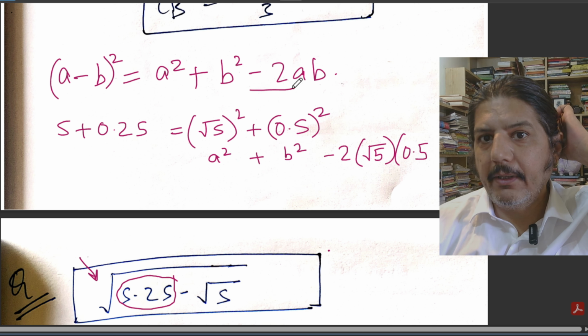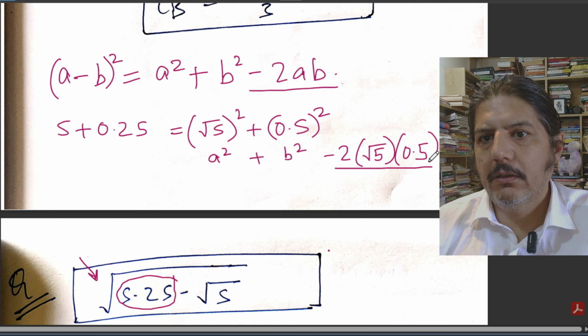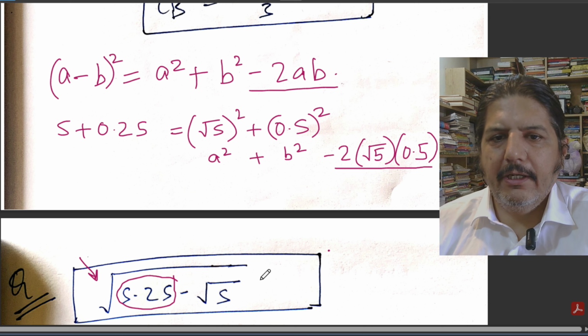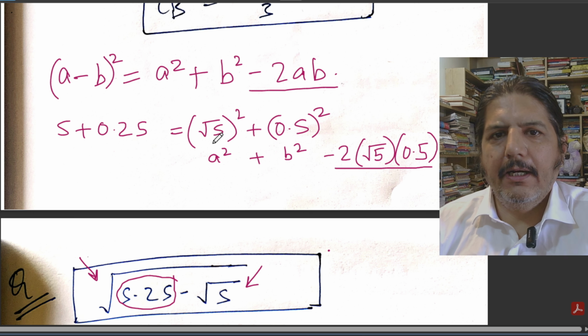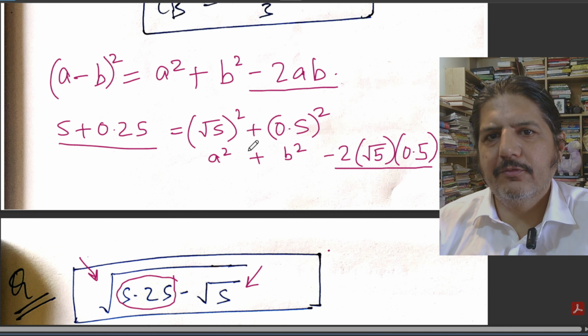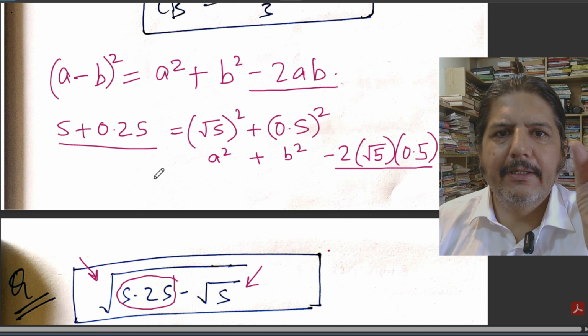This is my minus 2ab. Now if I look at this, 2 into 0.5 is 1. So 1 into root 5. So I have root 5 here, and this 5.25 has become my a square plus b square. I hope you are getting what I'm saying.